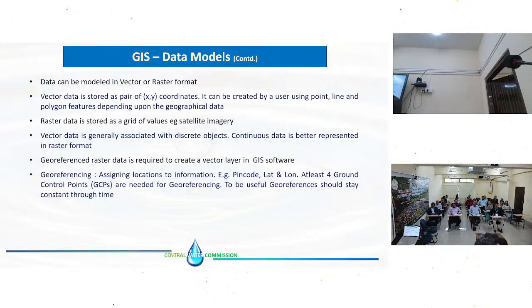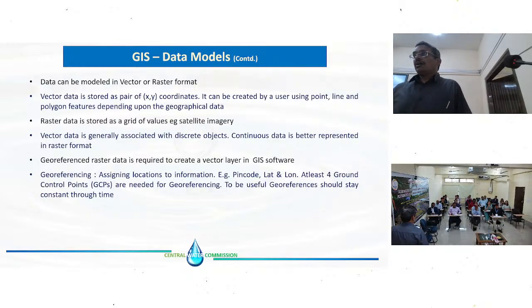Then you can start with the digitization tool, click on these points, draw a line and save it as a vector layer, which is a line vector layer. And in the attributes, you can give its name, length, etc. Then you have created a GIS layer. So vector layers can be created from georeferenced raster layers.